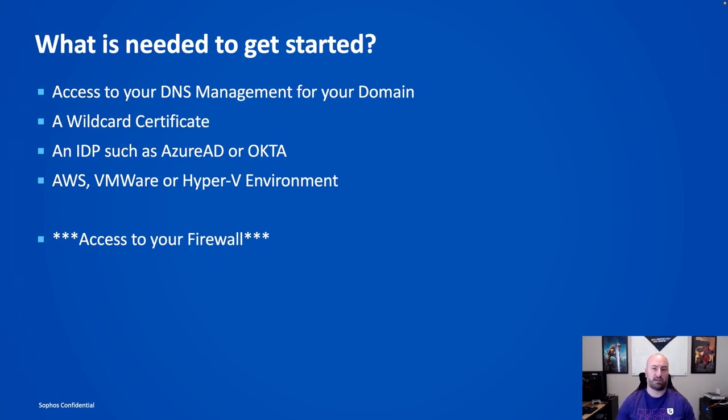You will also need a virtual environment or cloud environment to get started, and today we support AWS, VMware, and Hyper-V. If you were doing this deployment without the ZTNA as a service and direct to the gateway itself, you would also need access to your firewall in order to set up those firewall rules.